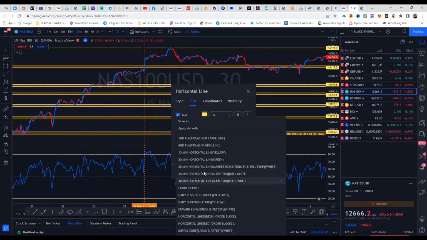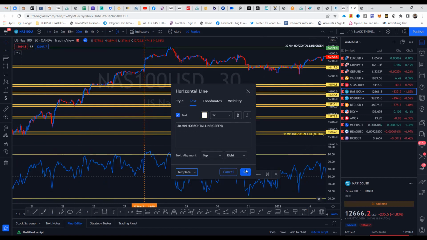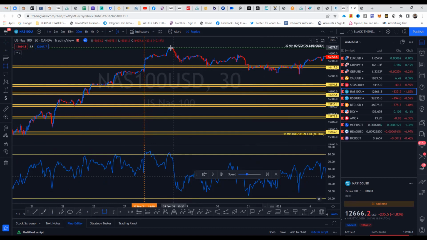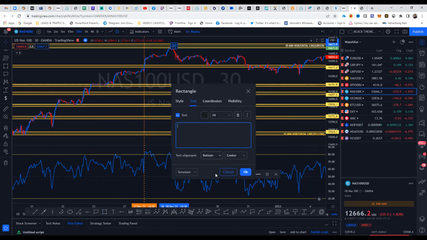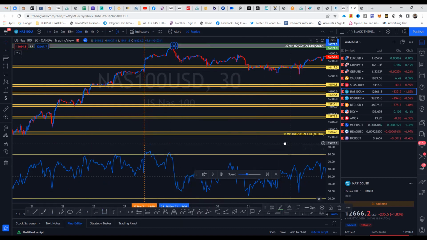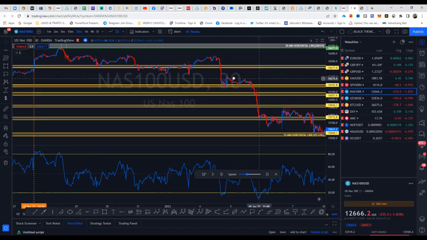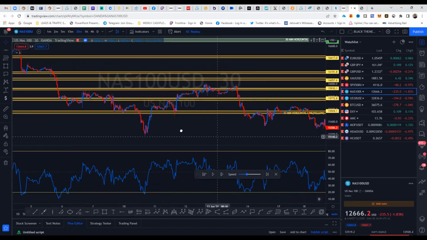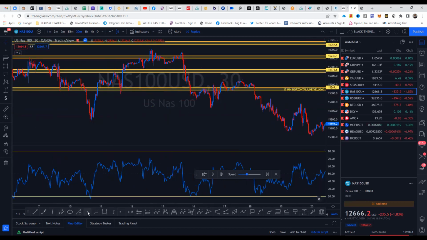Make this green since this is the 30-minute. Draw a zone here. Change this to green. Do the same thing down here.